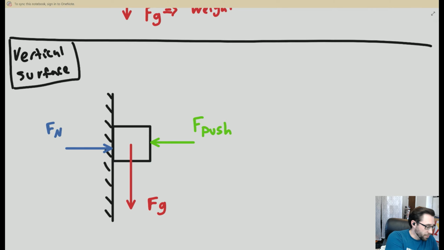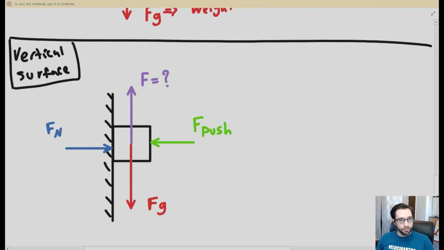So in other words, I need to have a force like that. So what is creating that force? Anyone? Go ahead.